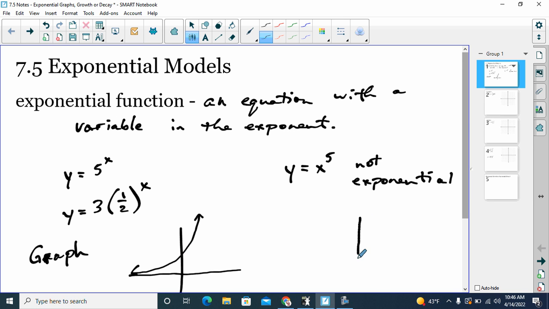It could look like that, or it's also possible that it starts up high and then comes down low. We'll talk a little bit more about how we get that graph and how to tell the difference between these two shortly. So the graph of an exponential equation is going to be in the shape of one of these two.